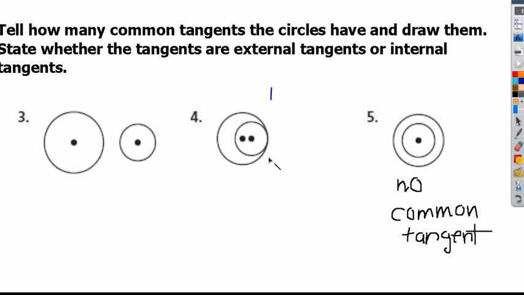So this, because it touches both of them, it works. All of these guys are going to be examples of external tangents. Notice we have one on each side. Touches at 1 point, touches at 1 point. So we have the point of tangency on each circle, and this will have a shared point of tangency and no tangents.